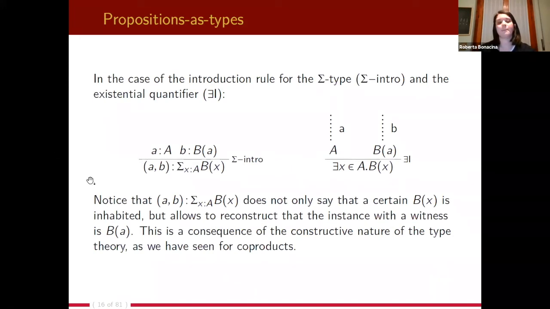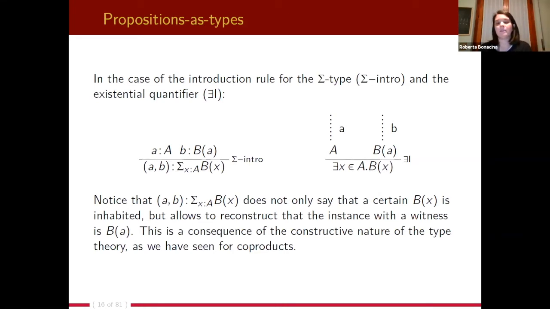So, for example, to introduce a pair in a sigma type, we need to have small a of type A and small b of type B of a. Well, to introduce the existential quantifier, we need to have a proof small a of the type A and another proof small b of the proposition B in the case small a.